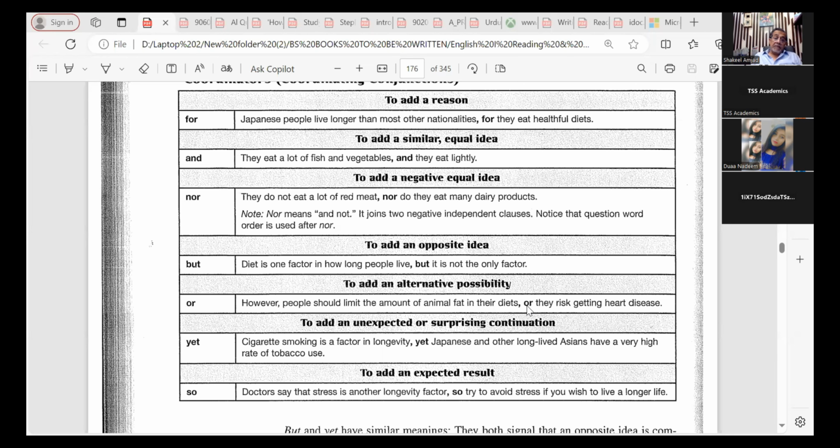Remember that dependent conjunctions when introduced also have some thought different from the main idea or give some reason for the main clause.